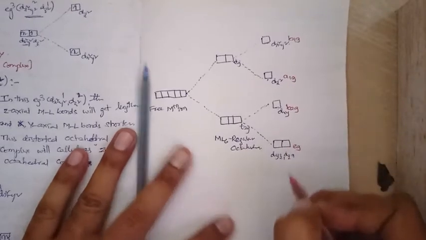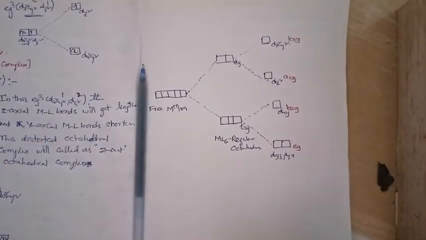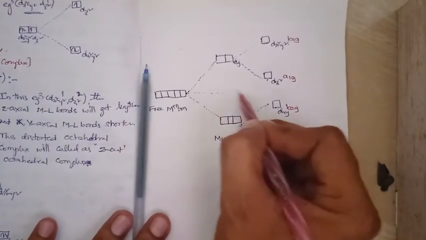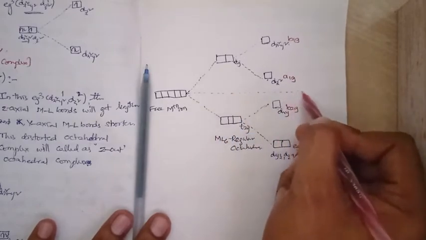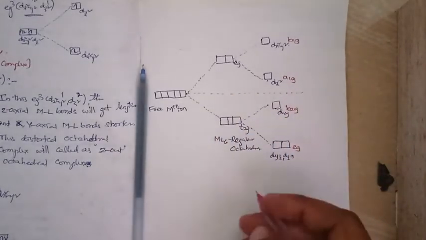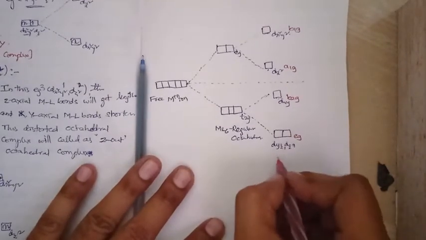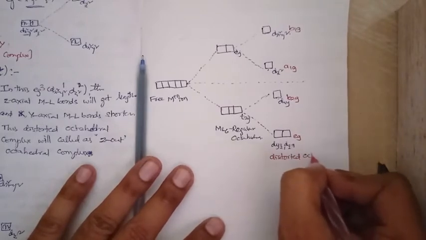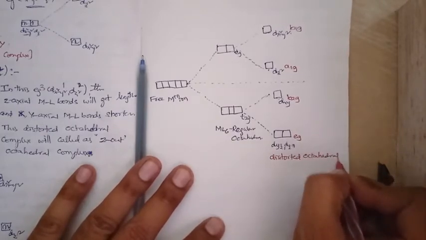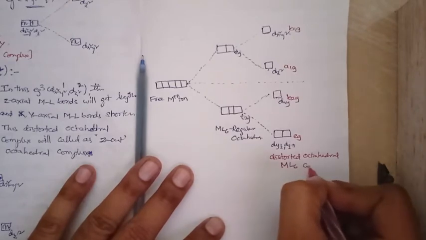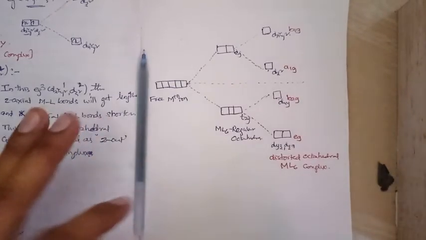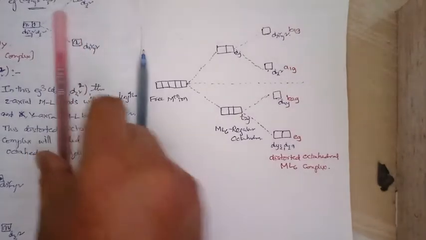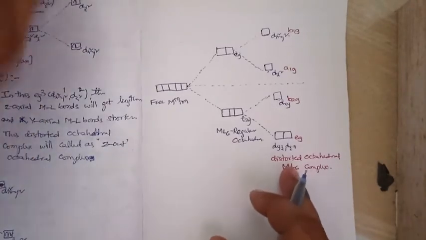This doubly degenerate energy state will be indicated with the Eg Mulliken symbol, right? So this is how the d orbitals split in distorted octahedral. This particular splitting pattern is for Z out distorted octahedral complexes, right? So this is when it takes place.